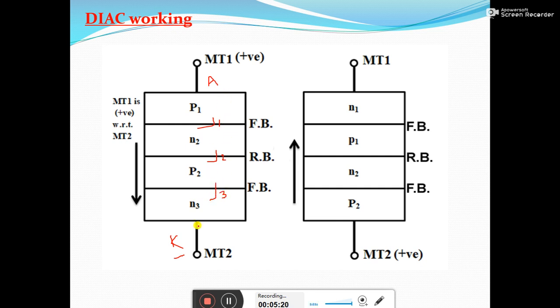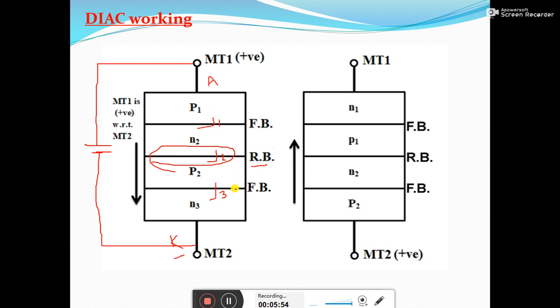If you apply potential like this, the junctions J1 and J3 are both forward biased and the junction J2 is reverse biased. If the applied voltage is less than the breakover voltage, or initially small, a small current can flow from anode to cathode. That is a leakage current due to minority charge carriers, as J2 is reverse biased and provides an opposition to the flow of current from anode to cathode.